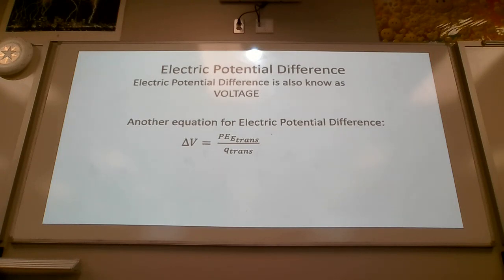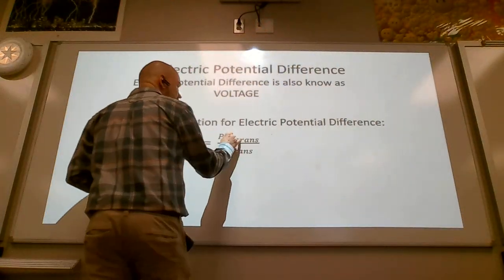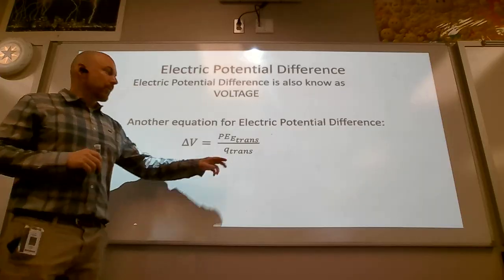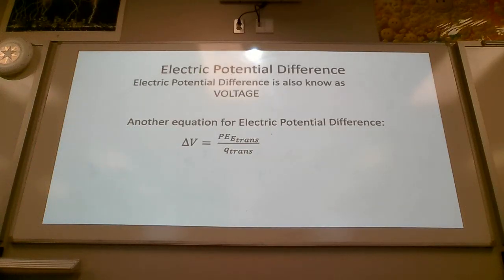Okay, so another equation for electric potential difference is how much energy, electric potential energy, is transferred compared to how much charge or how many electrons are being transferred. Good with that, and we'll unpack that here.